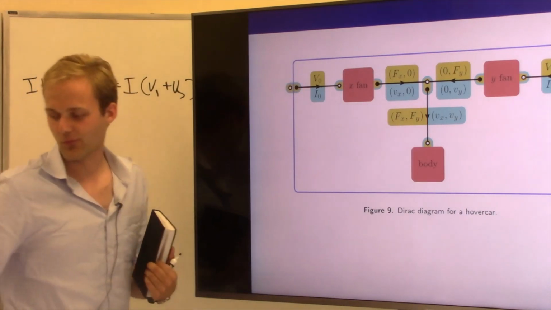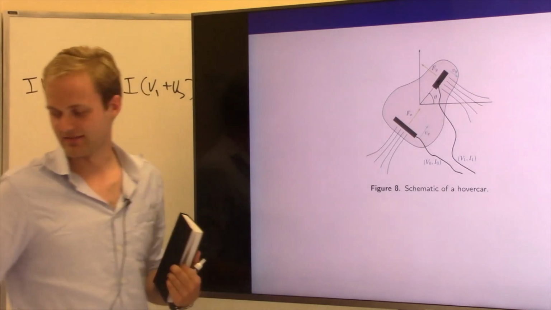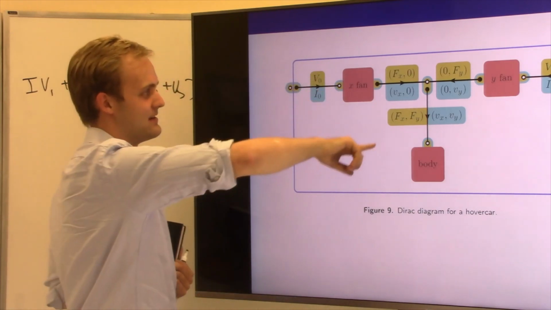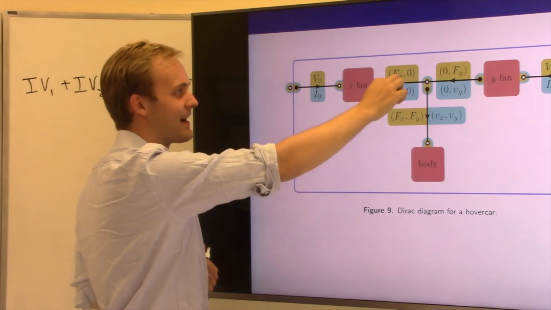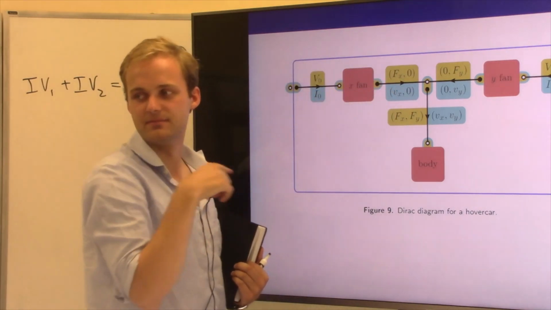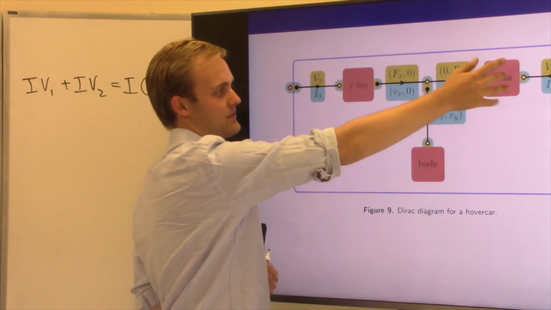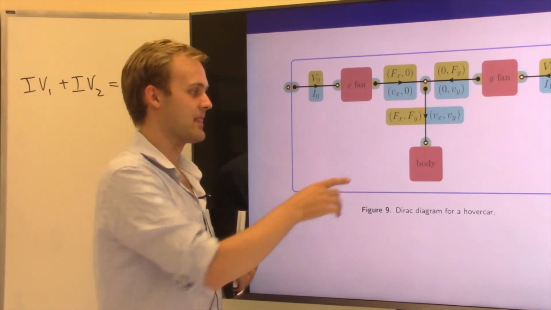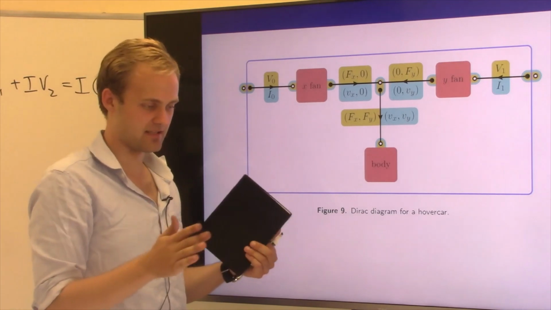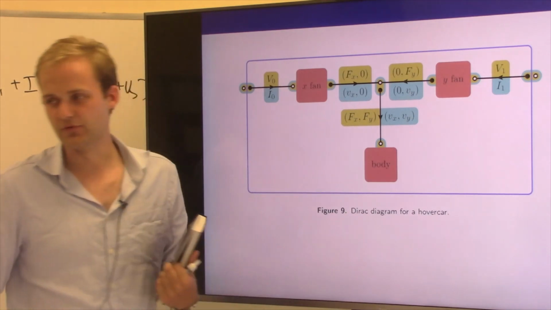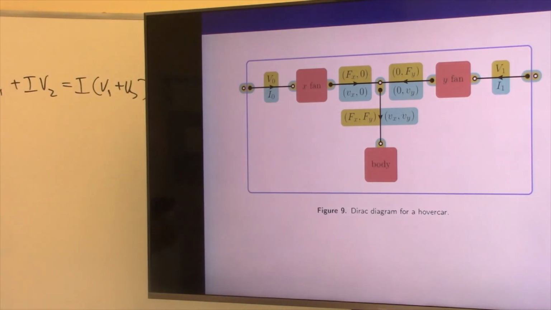We have a wire coming in to each of the fans, converting electricity into X force. Here, now we have vector valued bonds. And here we have Y force, and then these forces are acting on the chassis, which has a position and a velocity and is moving around. So, stuff happening.